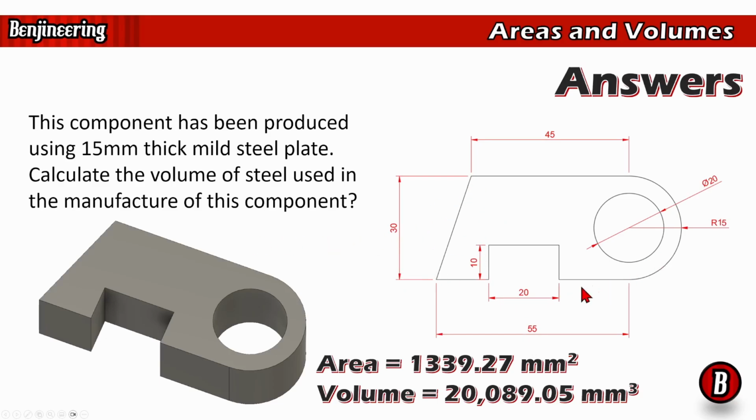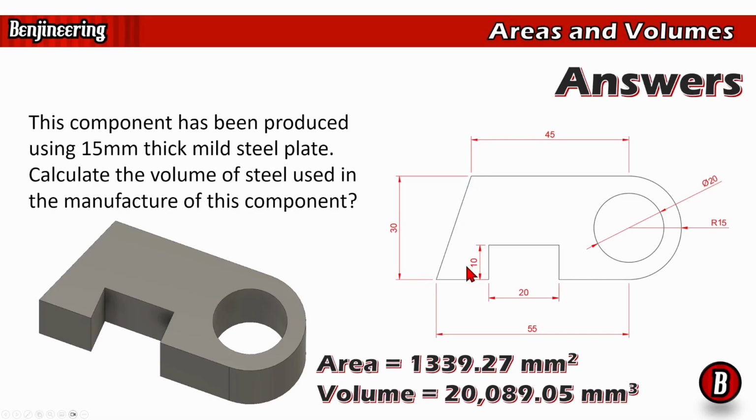But just to show you how I did this, what I did was I looked at this length here, 55, and this length here, 45, which tells me the difference between there and there is a 10mm gap. So I worked out the area of the triangle on the end by multiplying 30 by 10 and then dividing it by 2.